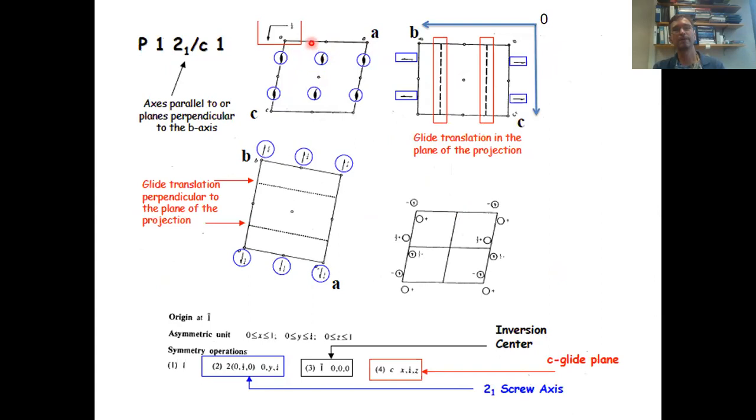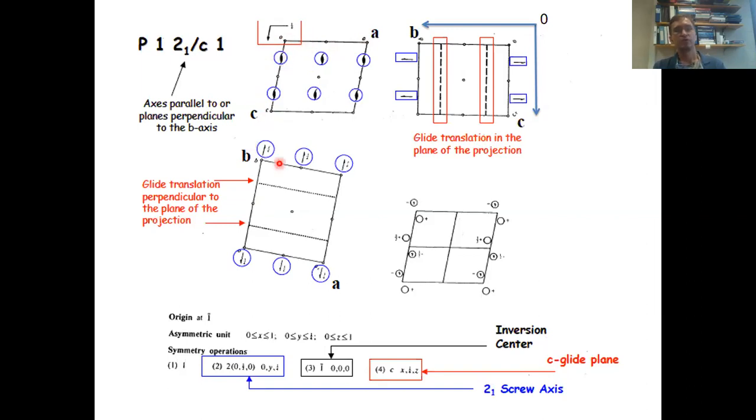Here you see the direction along the B lattice parameter. Here we go in A direction, here we go into C direction, and perpendicular to that there is the B direction. You see that the angle between the A and the C lattice parameter is the angle which is not 90 degrees.